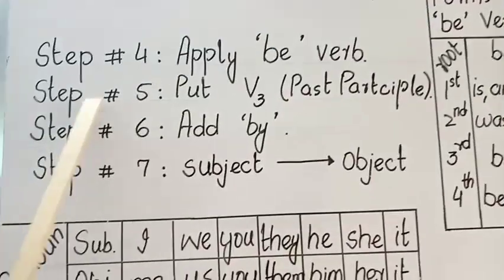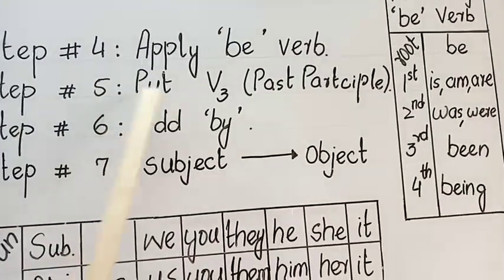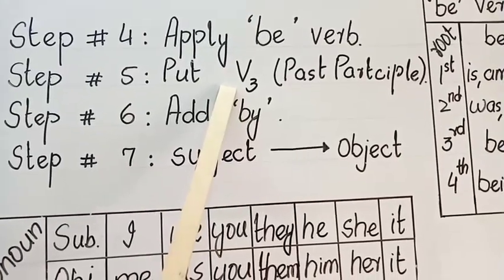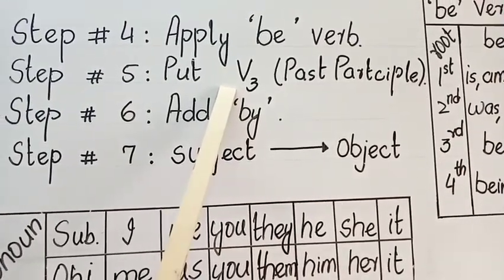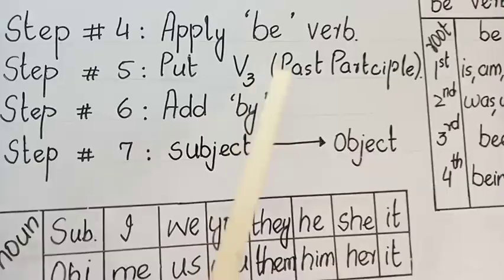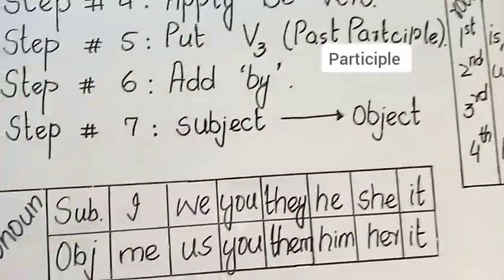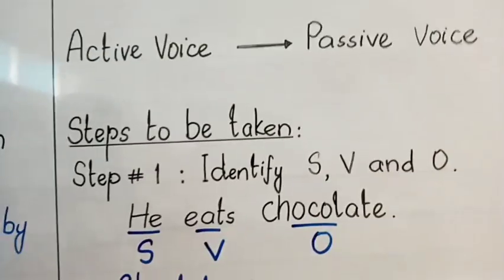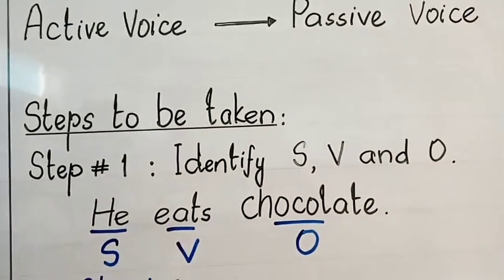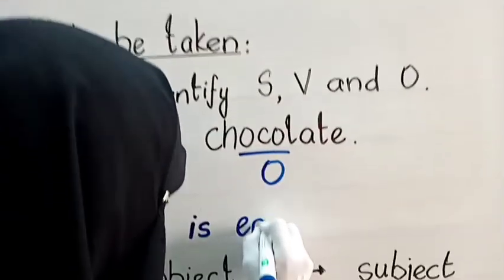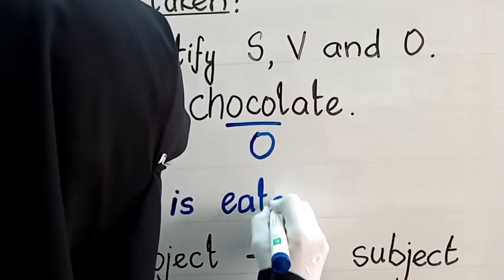Next step is we have to put the third form of verb, or V3, after be verb. And this third form of verb is also known as past participle. So the verb here is eat. What is the third form of eat? Eaten. Right. So we will write eaten here.